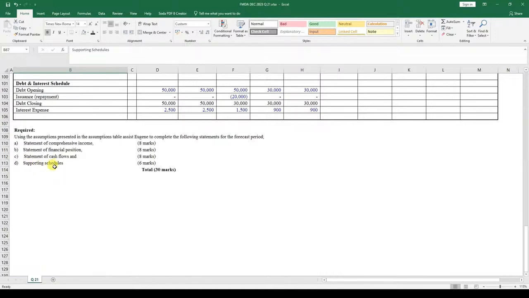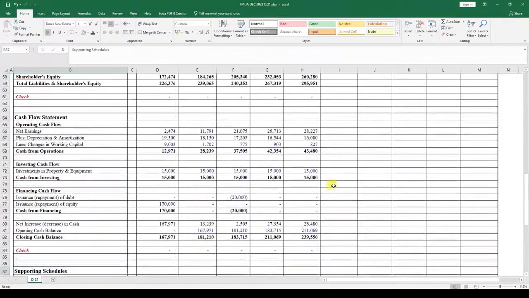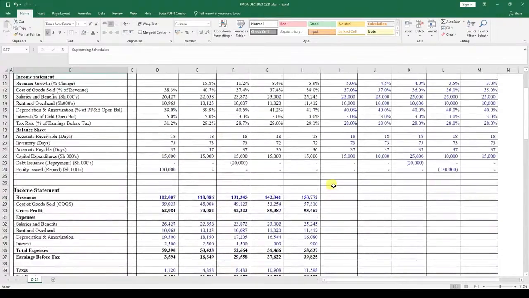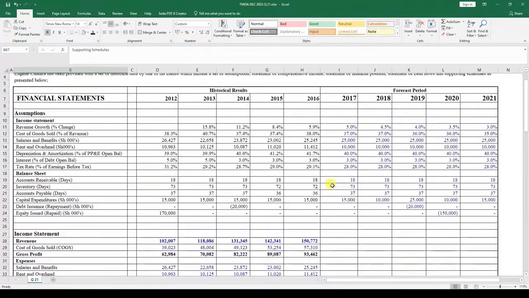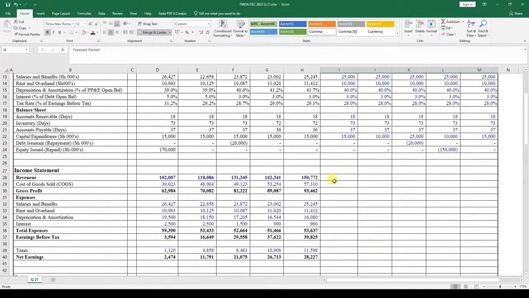All of these total to 30 marks. So we go back up and start filling out the income statement based on this forecast period right over here. The forecast period is from 2017, and we are going to start with the income statement.